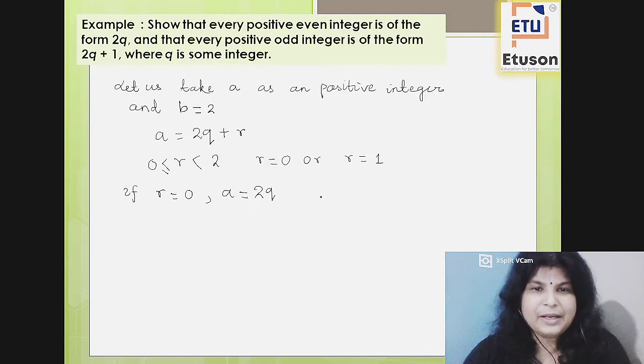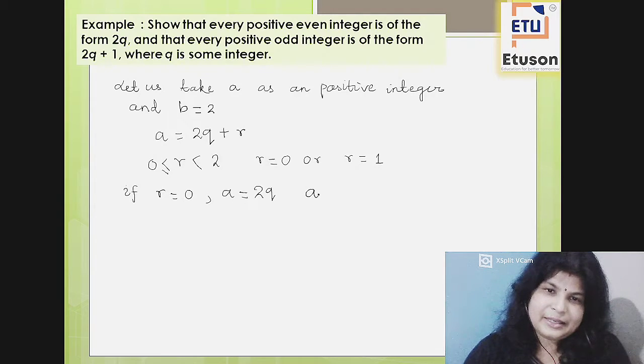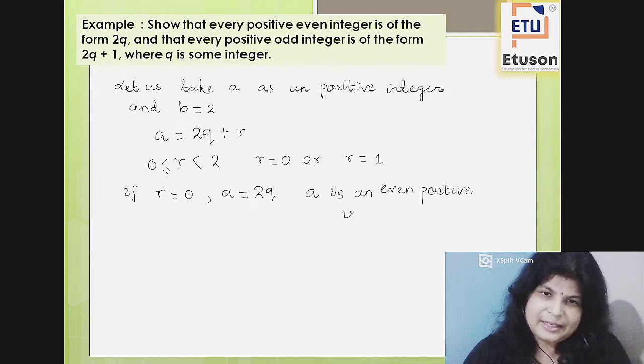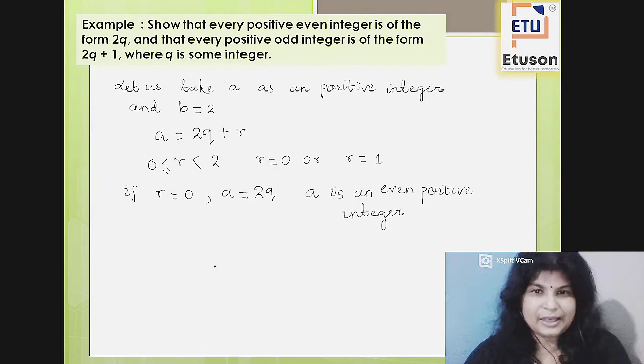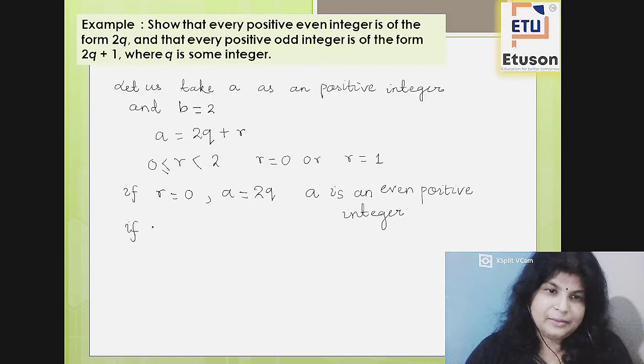So definitely a is an even positive integer. Correct or not? a is an even positive integer. If r is equal to 1, in that case the value of a will be 2q plus 1.